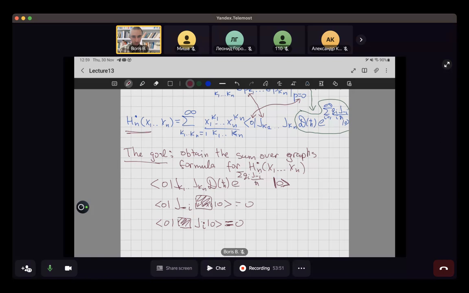Or for example phi 2, where psi again is this formal power series in the definition of z, which connects to the Hurwitz numbers.